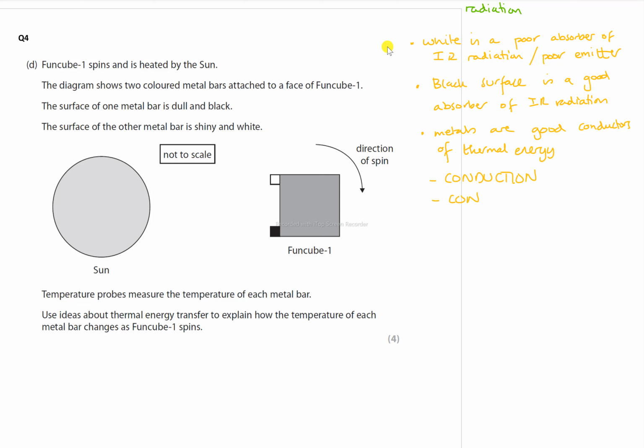You've got convection, which happens in liquids and gases, and you've got radiation, which happens in, I think that'll be solids at this level. Silly person, can't believe I did that.